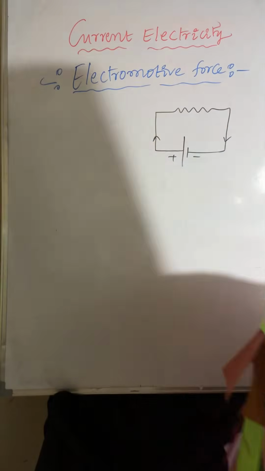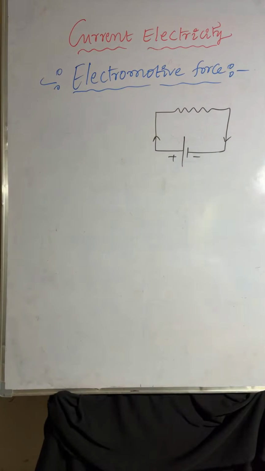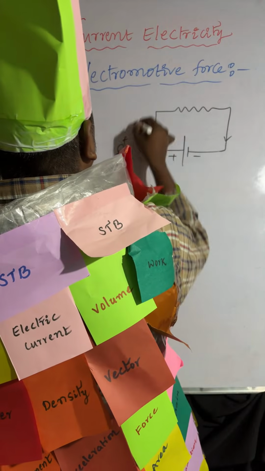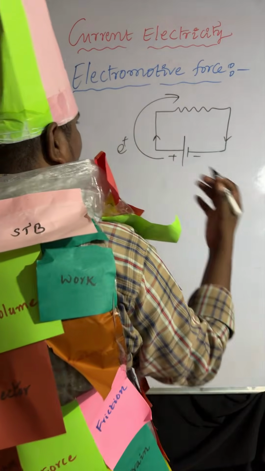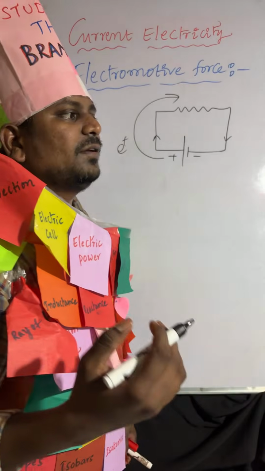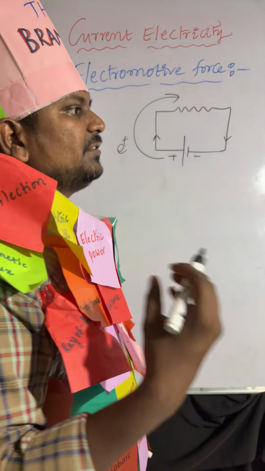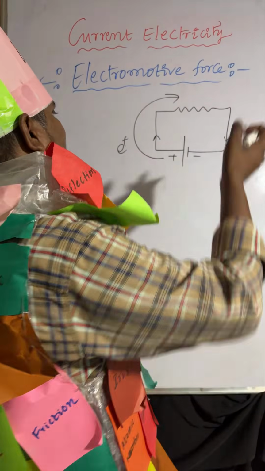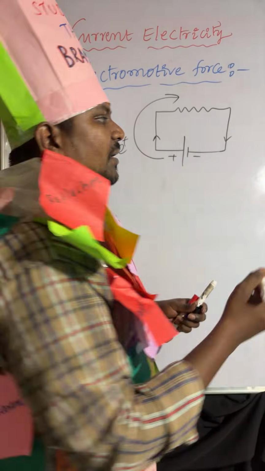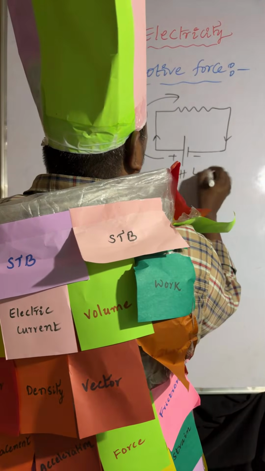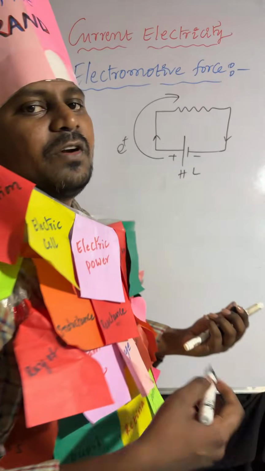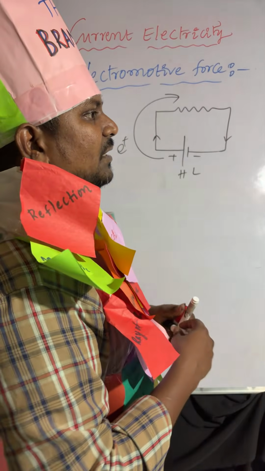When you connect the cell, positive charge will move from the positive terminal to the negative terminal, that is, from high potential to low potential.